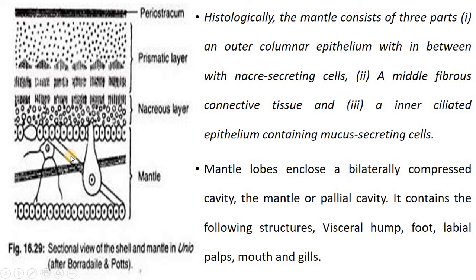The second part is the middle fibrous connective tissue. Whenever we talk about connective tissue, it has the matrix, the cells and the fibers. This connective tissue connects or binds the columnar epithelium and the inner ciliated epithelium.